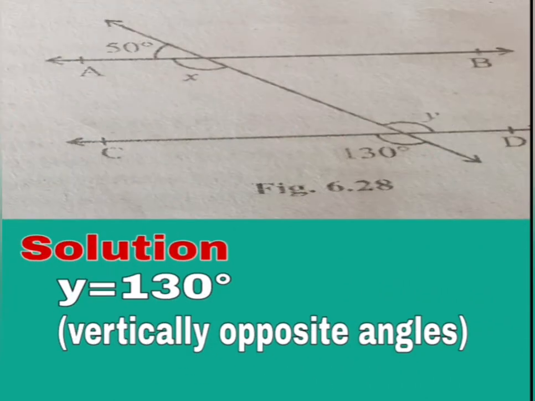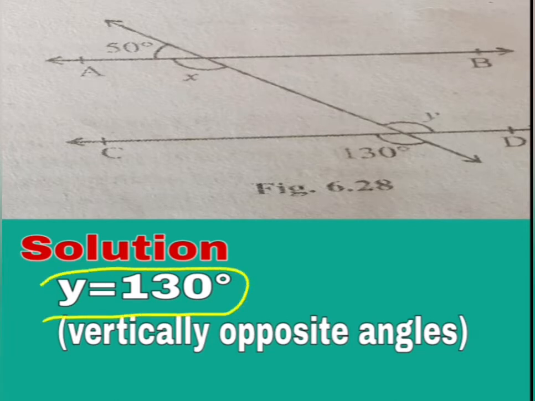Right? Okay, there we got the value for our x term. Then let us find the value for the y term. Here y is also equal to 130 degree, isn't it? As we discussed in the last video, when a transversal is drawn for two lines, whatever angles are forming opposite to each other are always equal.